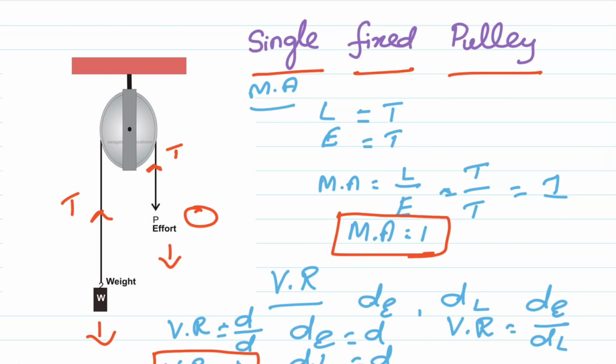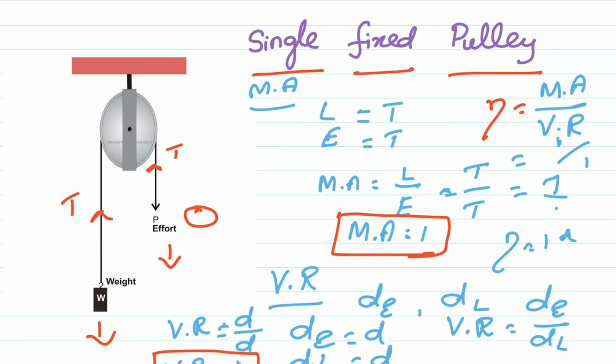Now if I calculate the efficiency, we know that efficiency is equal to mechanical advantage by velocity ratio. This is the relation connecting mechanical advantage, velocity ratio and efficiency. Here we have calculated mechanical advantage as 1 and velocity ratio as 1. So, the efficiency is equal to 1 or 100%.